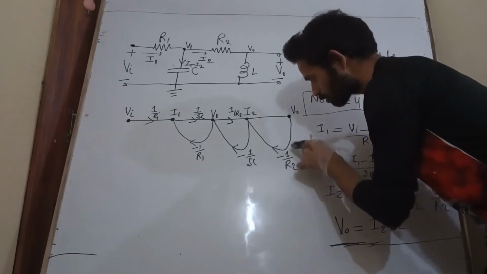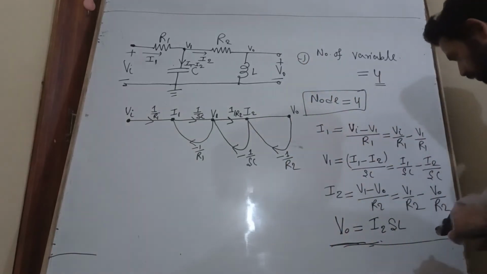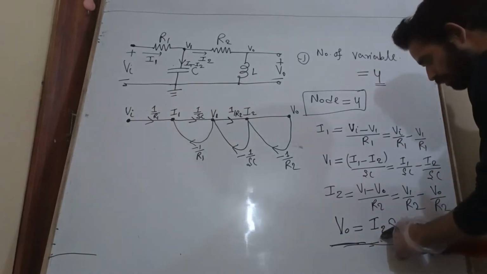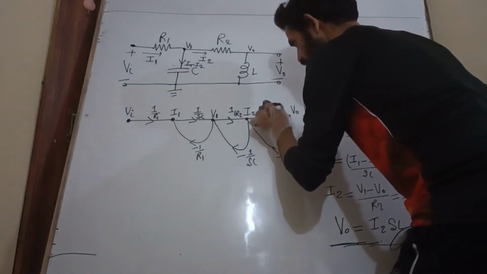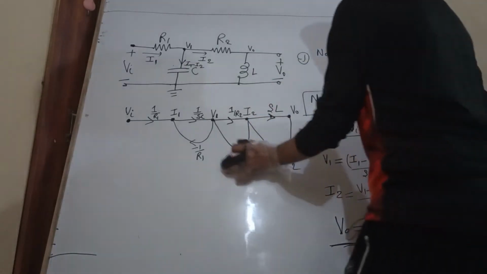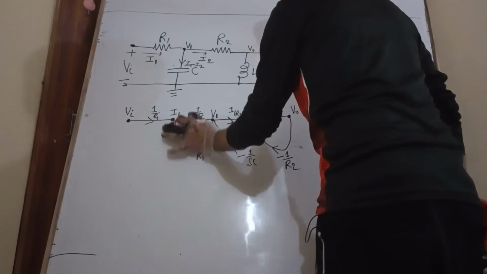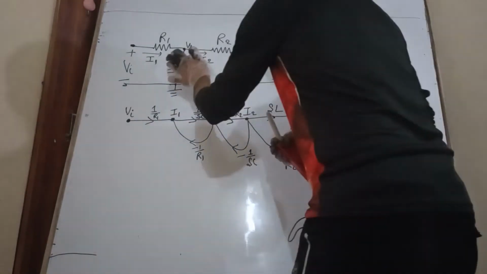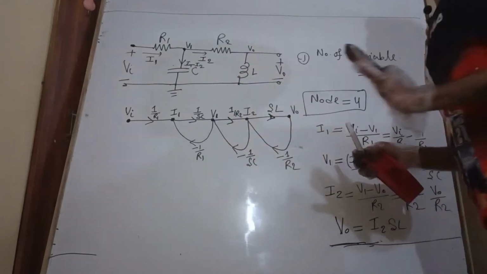V0 into minus 1 by R2 is nothing but minus V0 by R2. Similarly, V0. V0 is how much? I2 into SL. Okay. So this is nothing but the signal flow graph for this electrical network.